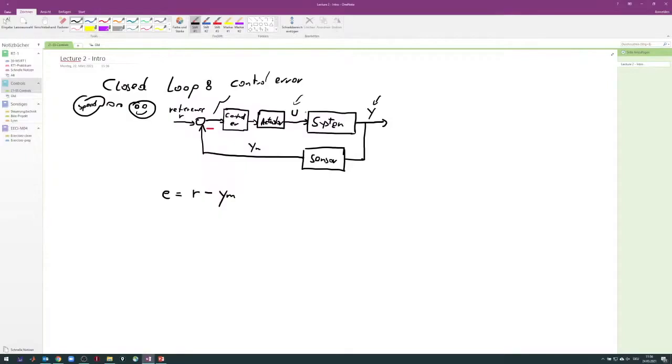So all this conversion is hidden in our controller. How this error is transported to the gas pedal position is hidden in the controller mathematically, right? So we take the error, multiply it with something, and then what we get is the gas pedal position.